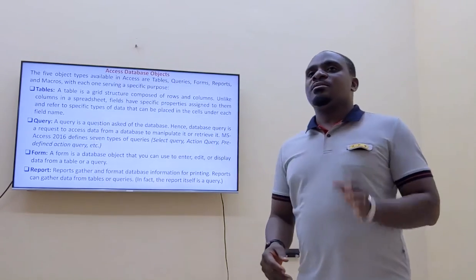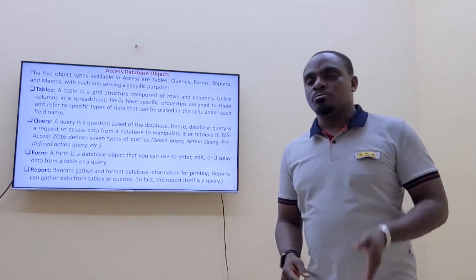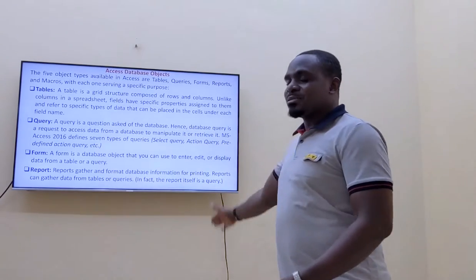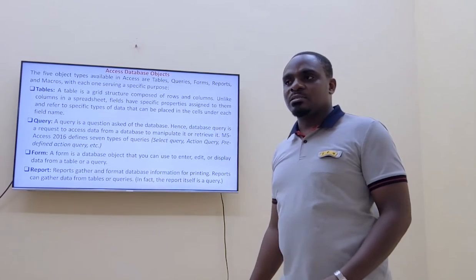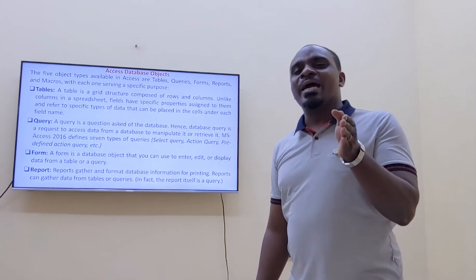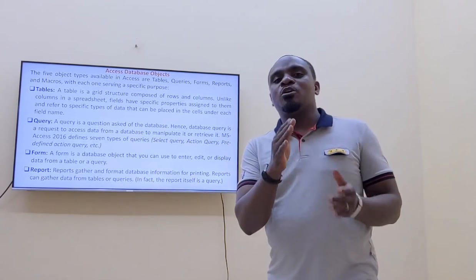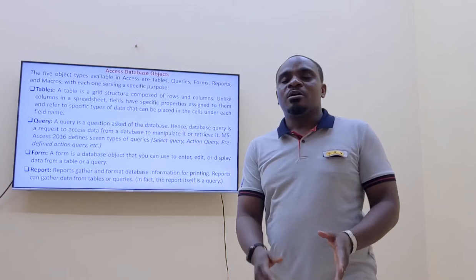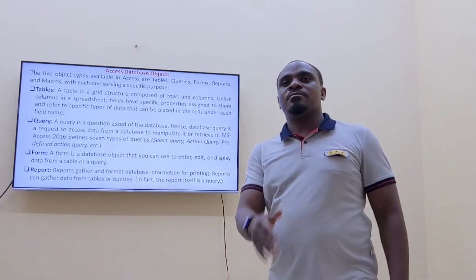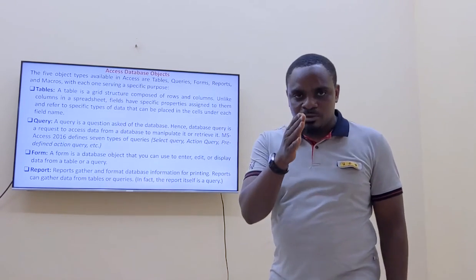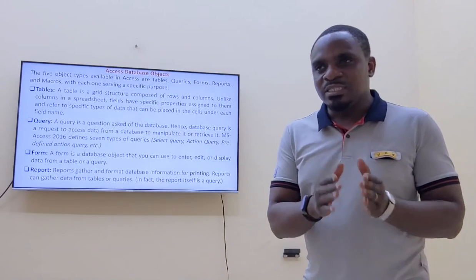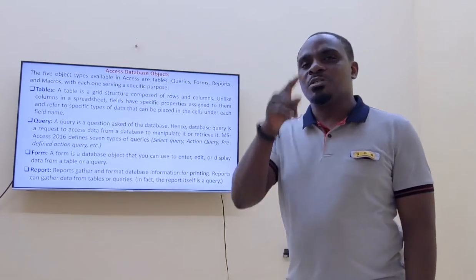Now, every data field, every column in Microsoft Access, has a particular kind of data that enters it. A column should be, for instance, basically only for names or text. If it's names, it has to be just text.